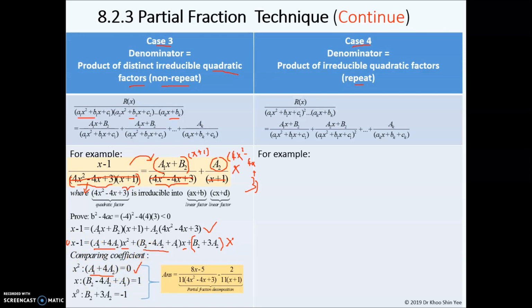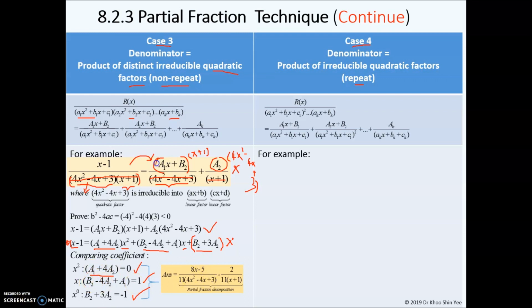Second equation, b2 minus 4a2 plus a1 should be equal to 1 here, because for your x, the constant is 1. Lastly, b2 plus 3a2 will be equal to negative 1. This is your third equation. By solving these three equations, your a1, a2, and b2 constants can be found.